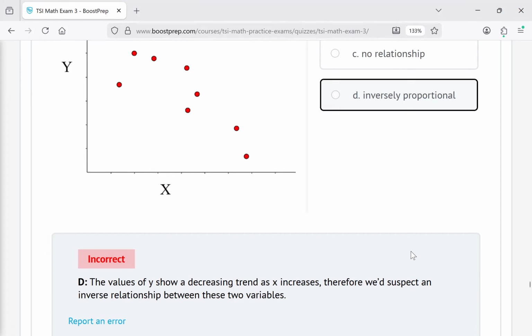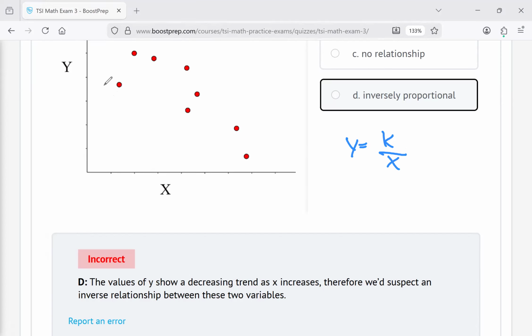Let me double check. So the equation of inversely proportional is y equals k over x. The values of y show decreasing trends as x increases.